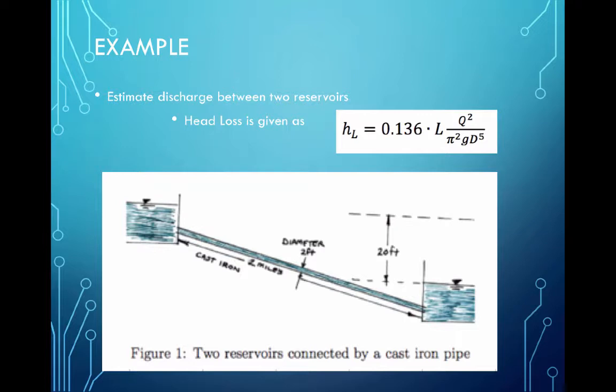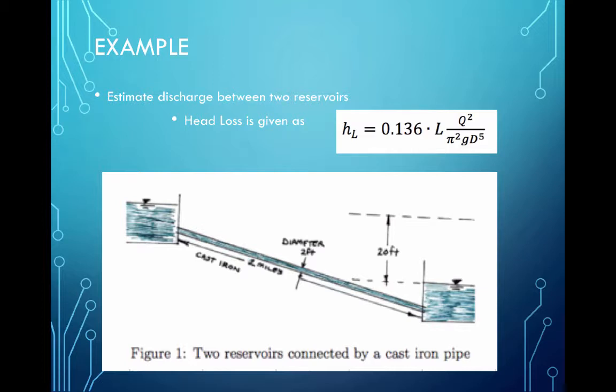We're told that the head loss is equal to 0.136 times the length times Q squared over pi squared g d to the 5th power, where d is 2 feet.